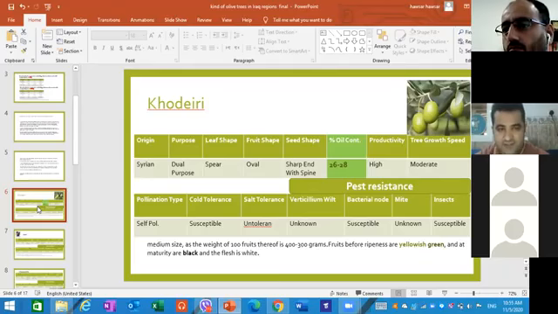The leaf shape is spear, the fruit shape is oval like an egg, and the seed shape is sharp with a spine. It is used for oil production because the oil content is between 26 and 28%, productivity is high, growth speed is moderate, and pollination type is self-pollination.